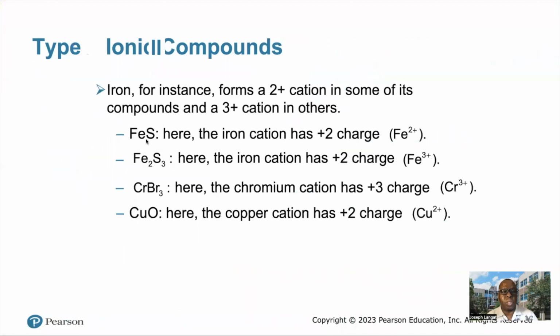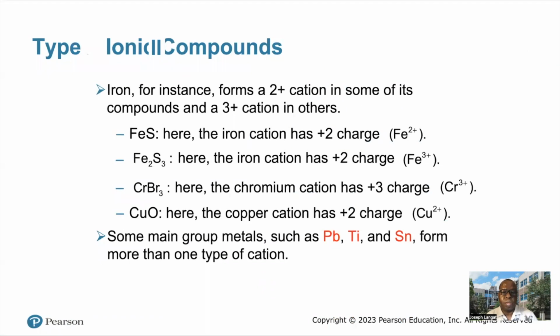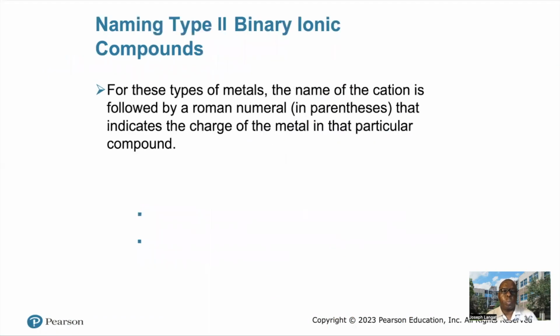I know the 2s cancel out from the empirical formula, leaving me this. So I know this is iron 2 sulfide. This is iron 3. If you uncross, you're going to get that. Chromium, bromine is negative 1. There is no number here. You uncross, you end up with that. There is copper 1, copper 2. I'm going to show you that. These are type 2 compounds, by the way. All right. You need to learn how to predict the ionic charges.